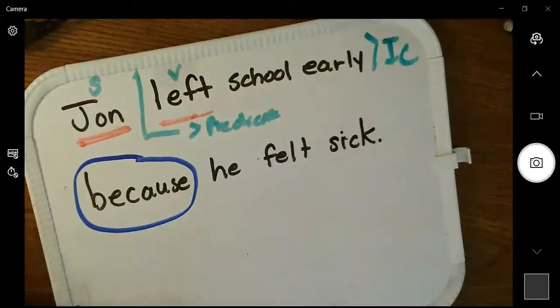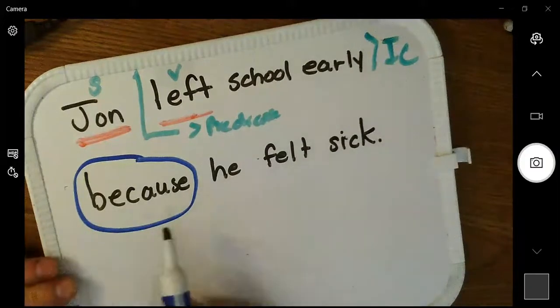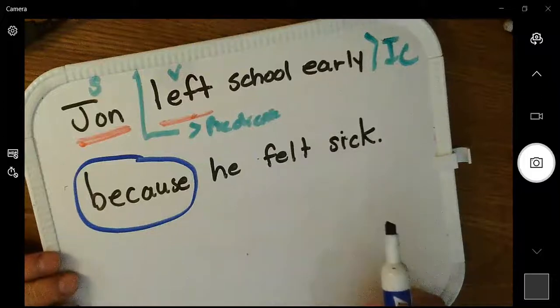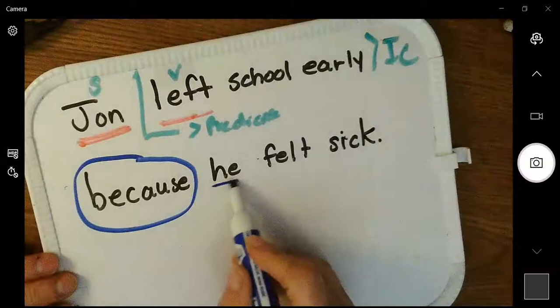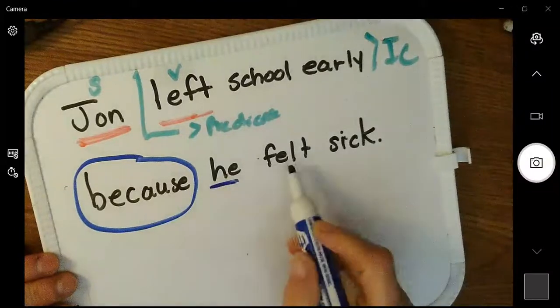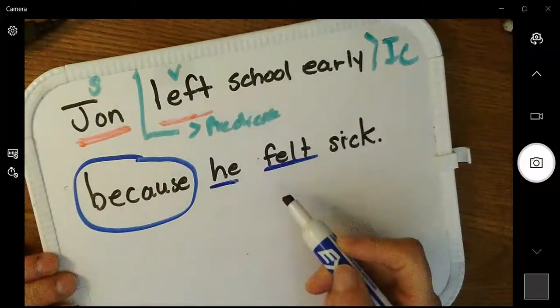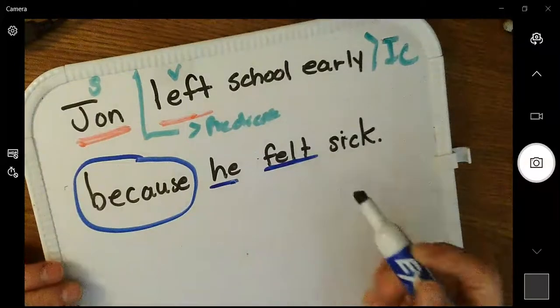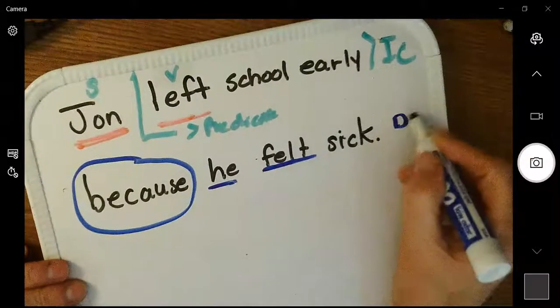Now then, looking at this bottom part here, this bottom group of words, because he felt sick. Well, it has a noun, and it does have a verb. It's a past tense verb. But because of that, it is actually a dependent clause.